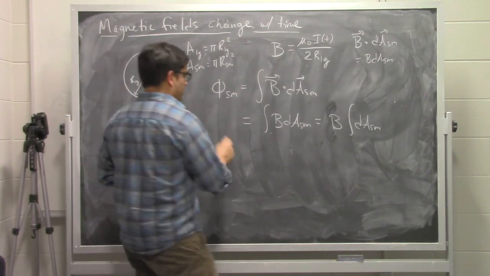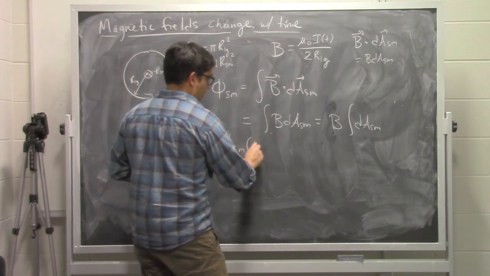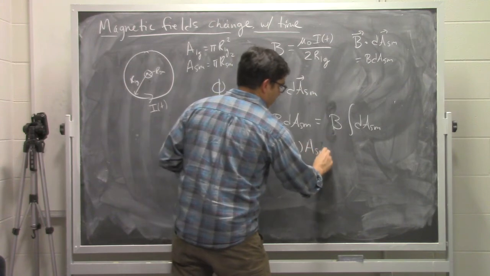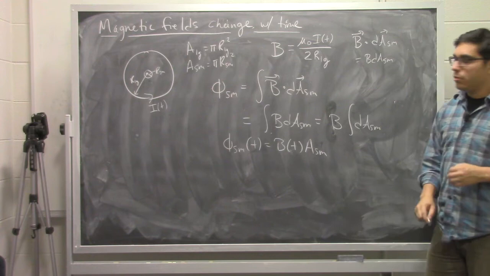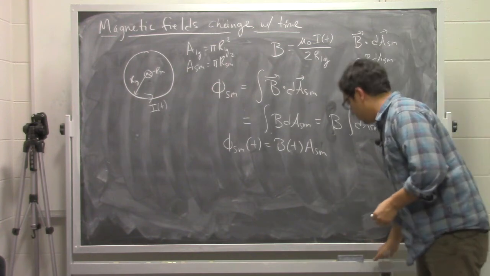And so as a result, this magnetic flux, which does change with time because the magnetic field changes with time, is just the product of the magnetic field, which changes with time, and the area of the smaller loop. So we can put all this together, and we can simplify this just a little bit.